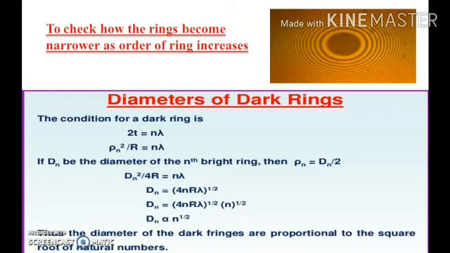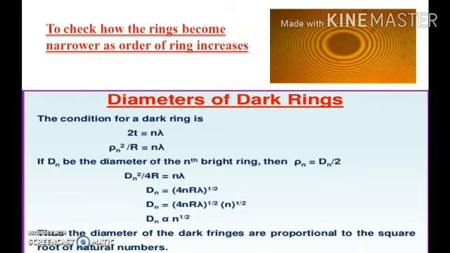Now from the formula of the diameter of the dark ring, we came to know that the diameter of nth dark ring is directly proportional to the square root of the natural number. Means if we want to find out the diameter of the first dark ring, we will put the value of n equals 1, because the central dark ring will not be counted.